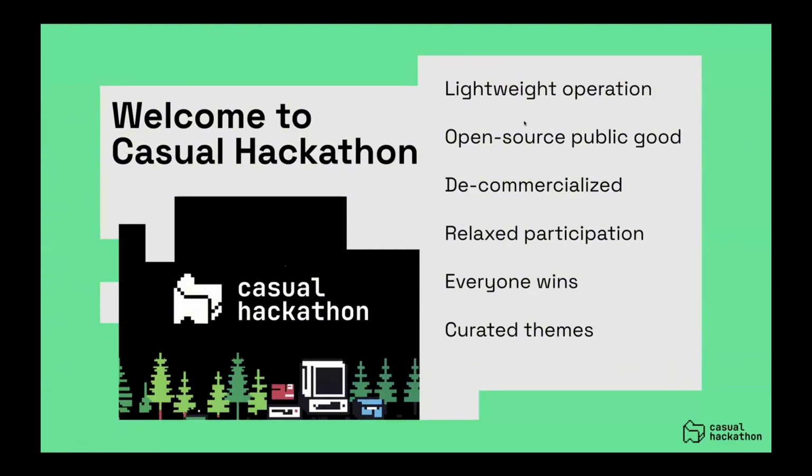Inspired by broader communities and various hackathon formats, Casual Hackathon is designed as an open source public good, and LX style will not apply for patents or restrict its use. We warmly welcome individuals, communities, and organizations to initiate and participate.